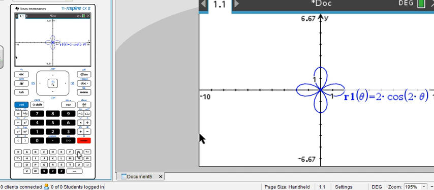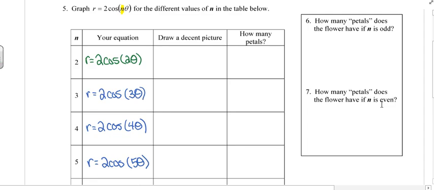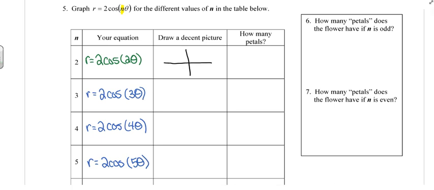All right, this is called a rose. And notice that our rose has 4 petals. Notice that the length of each of those petals, 2 units, is the same as the coefficient. So this is a rose with 4 petals. Notice that the petals lie on the x-axis and on the y-axis.